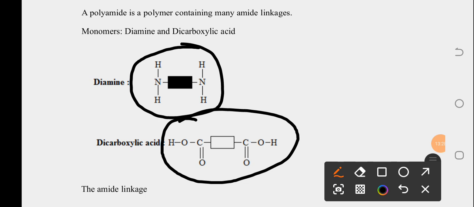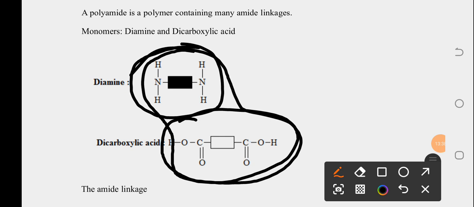So remember, we said that this process of joining up these monomers to form a polymer is called what? Condensation polymerization.